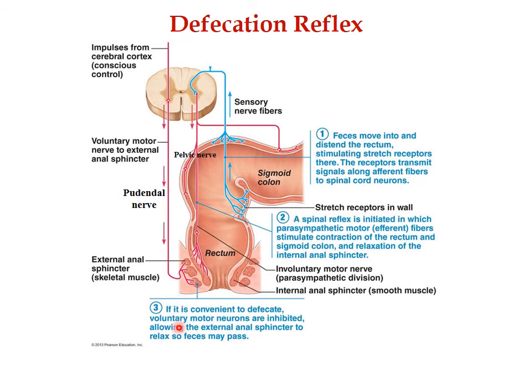This third one: if it is convenient to defecate, voluntary motor neurons are inhibited, allowing the external anal sphincter to relax. When this relaxes, easily the fecal material can be defecated so that feces may pass out. That depends upon voluntary involvement, which is under the control of the cerebral cortex.